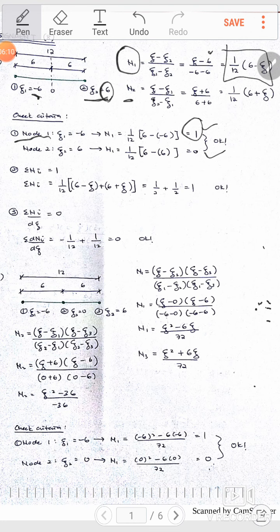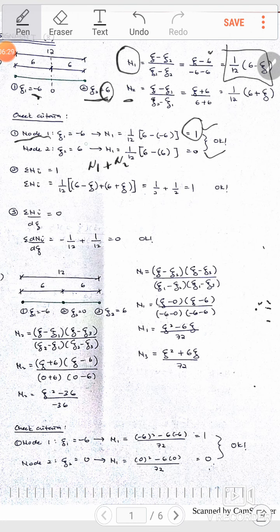Second point is that the summation of the shape functions equals 1. That means in this example I have node number 1 plus node number 2. I don't have other nodes.